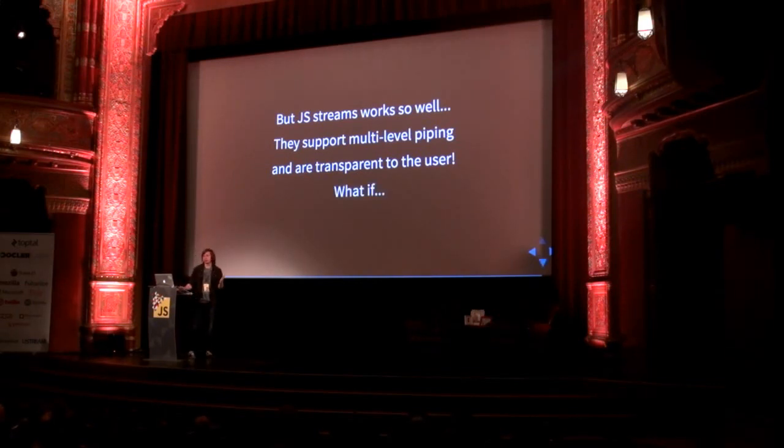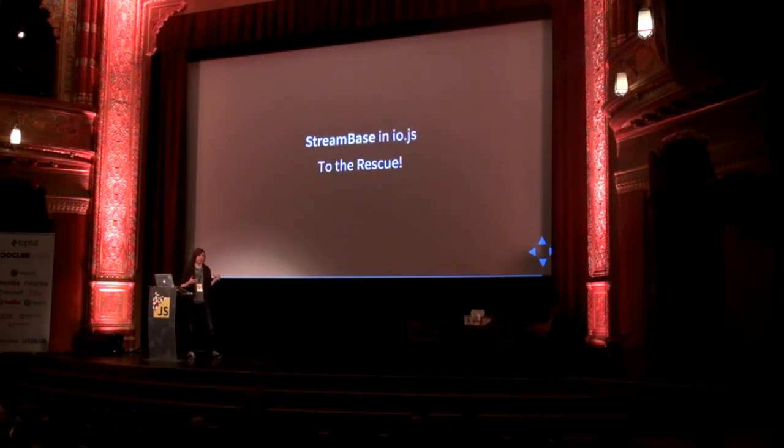So the question that I asked myself was, what if we could do the same thing in io.js? And this is what we did with StreamBase, for streams in C++.